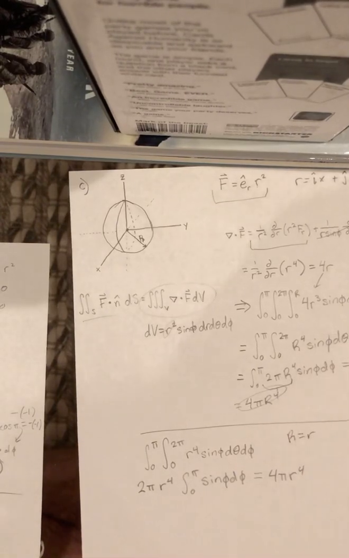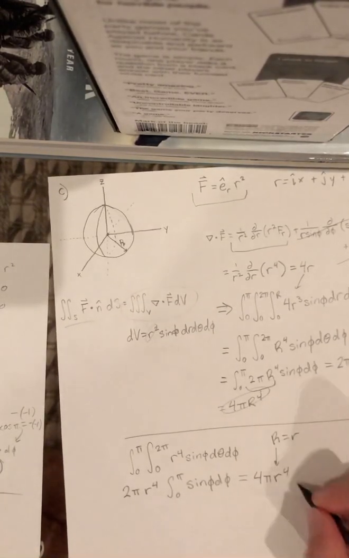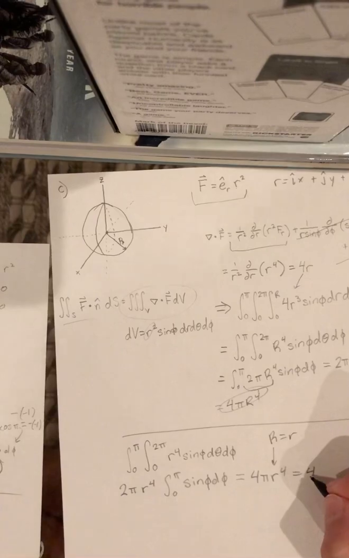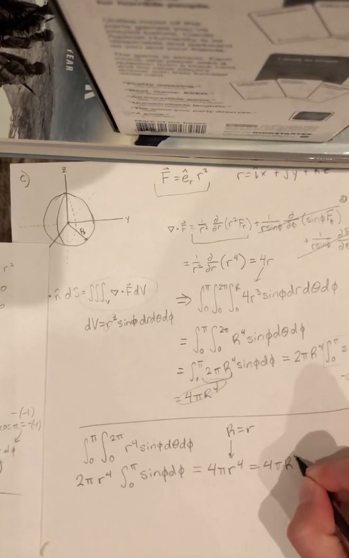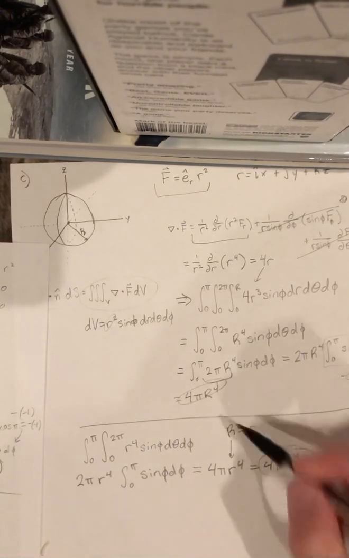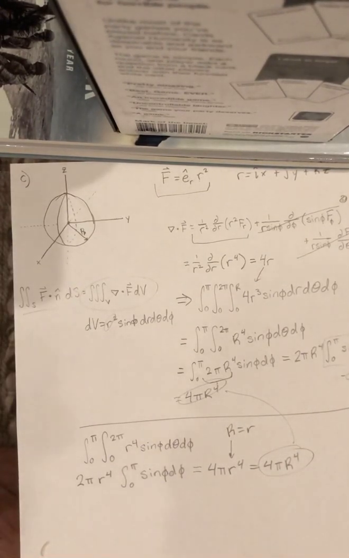Big R equals little r because, like I mentioned earlier, it's going to be constant around the surface, so we can just substitute big R in here, and we will end up with 4 pi r to the 4th, which is the same as this. And that is all 3 shapes proving the divergence theorem.